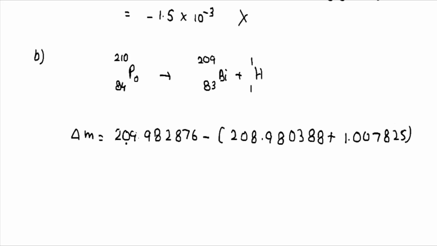Now, if we calculate this, we can see that the product value is greater, and the answer turns out to be minus 5.3 into 10 raised to the power minus 3. So this is also negative, so this is also not possible.